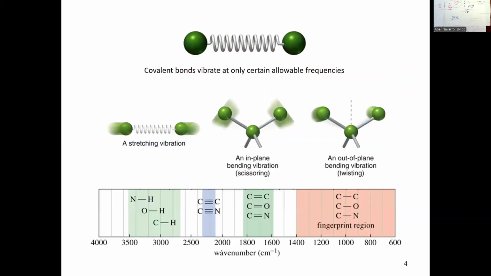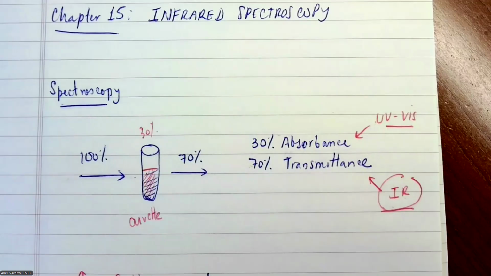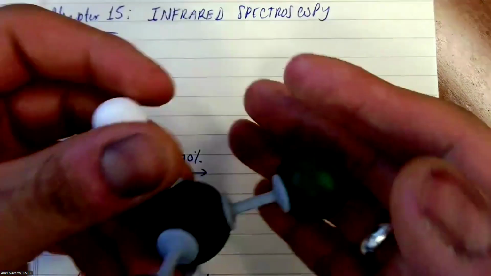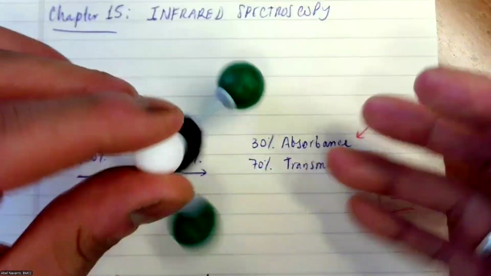Okay, good. Remember I was telling you about these vibrational modes? When a particular energy gets absorbed, there are different types of vibrations. Just to put you in context, let's say this one is a molecule that has bromine.